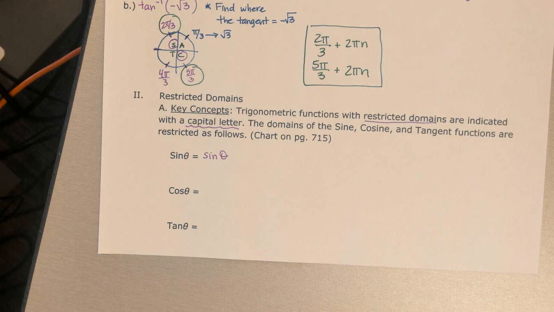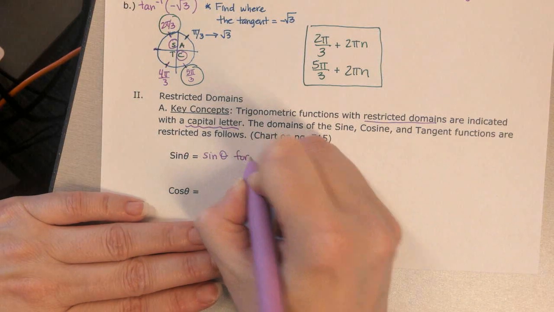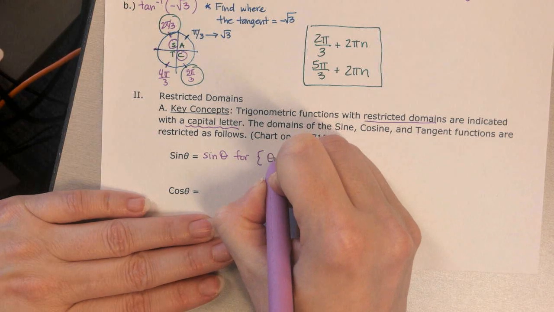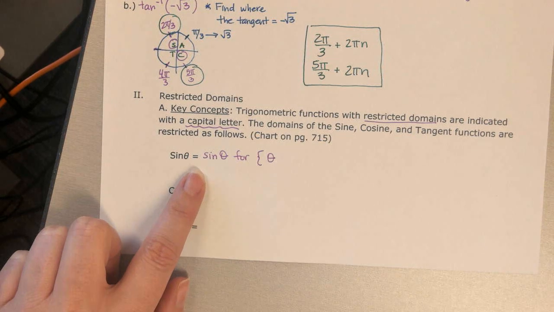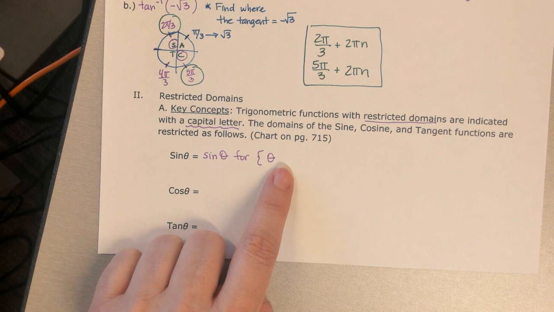We'll go more into why these make it one-to-one when we start graphing these. But for today, all we need to understand is that these make our function so you only have one output now instead of two. The way that you are going to see this written is in set builder notation.